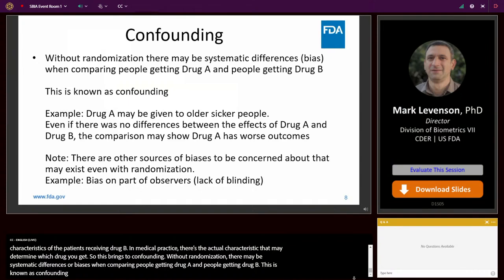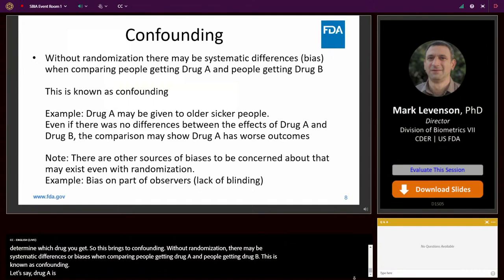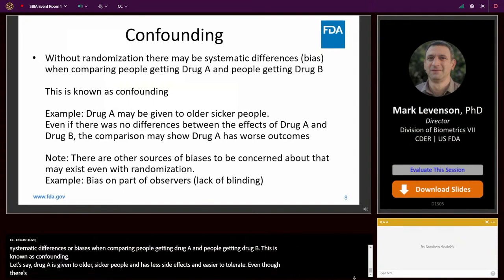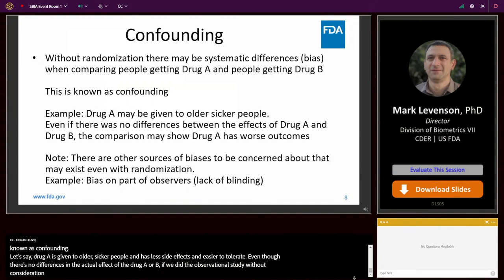Perhaps it has less side effects and is easier to tolerate. So even if there was no difference in the actual effect of drug A and drug B, if we did an observational study without consideration of confounding, the comparison may show that drug A has worse outcomes. This is because the people getting drug A are starting off worse.